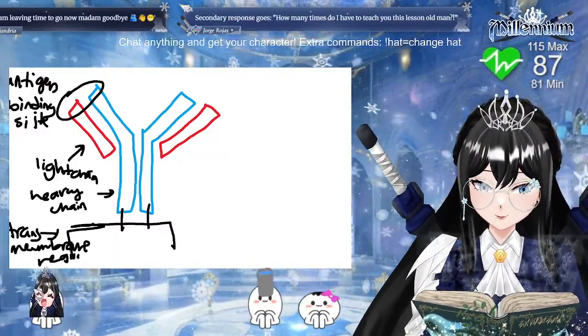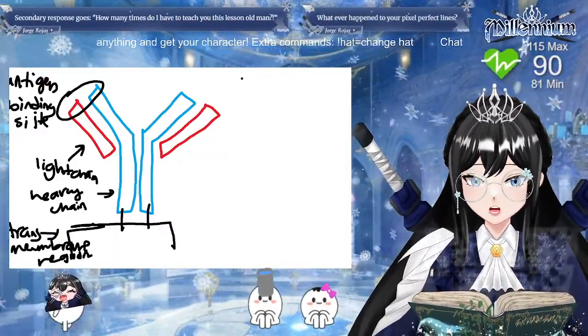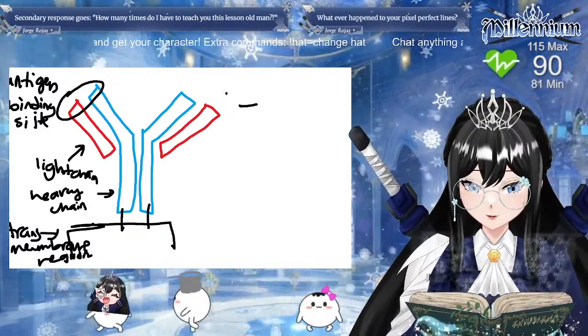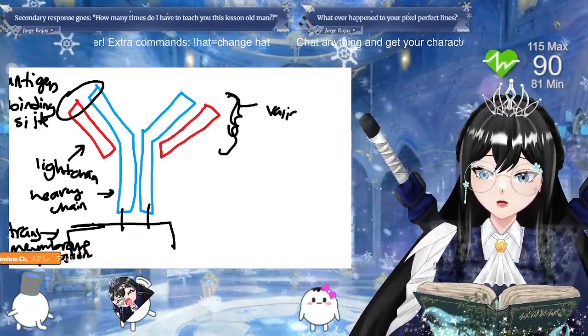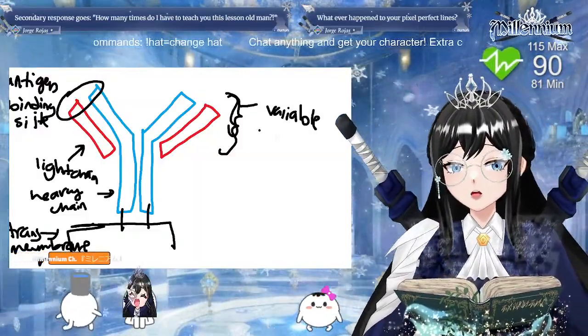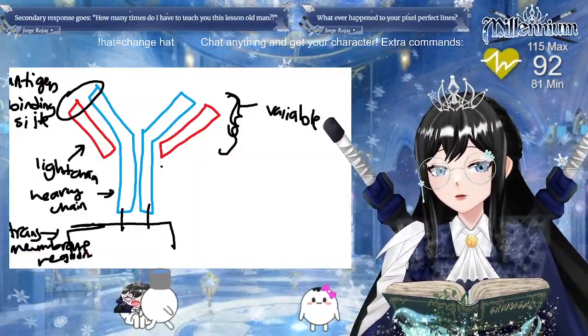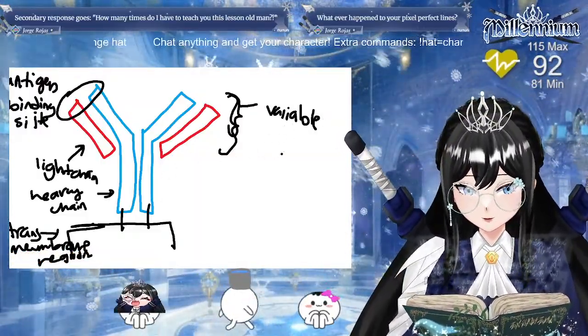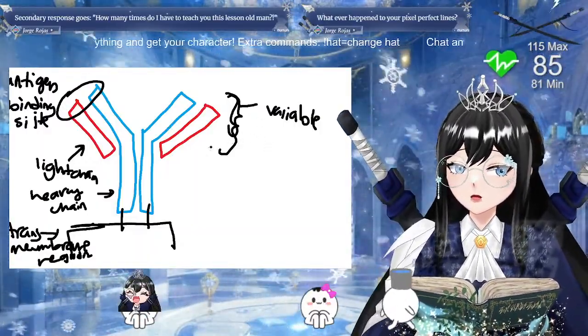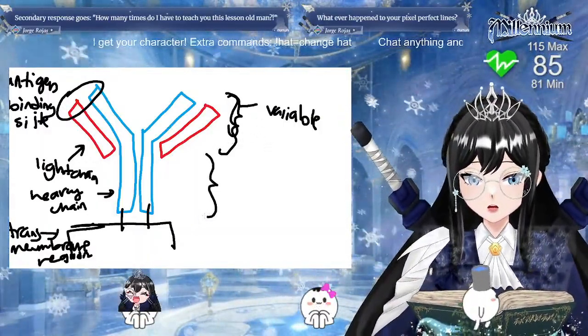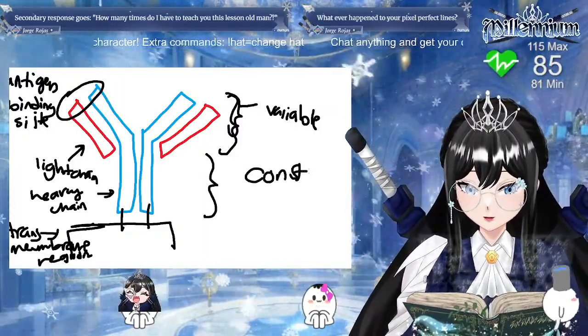And these are variable regions, aka they change. The variable regions would change depending on who they want to target, but your constant regions are constant.